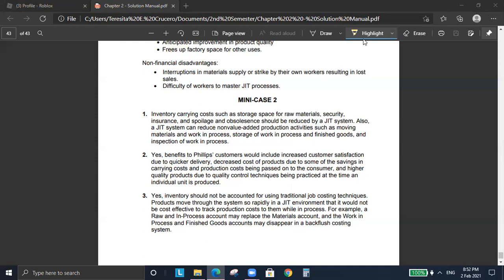For example, a raw and in process inventory account may replace the materials account, and the work in process and finished goods accounts may disappear in a backflush costing system, which is adaptable also under the JIT system.